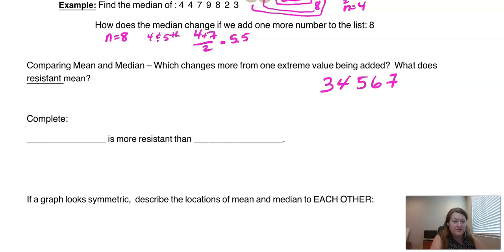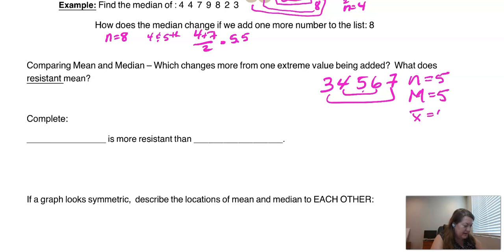Why I like those is because except for the middle number, all the partner pairs add up to, wait for it, 10. So this adds up to 10, this adds up to 10, so the total is 25. If n equals 5, we have a median of 5, and we also have a mean of 5. If I add these all up, it's 25 divided by 5. So right now, they're all in the same place.